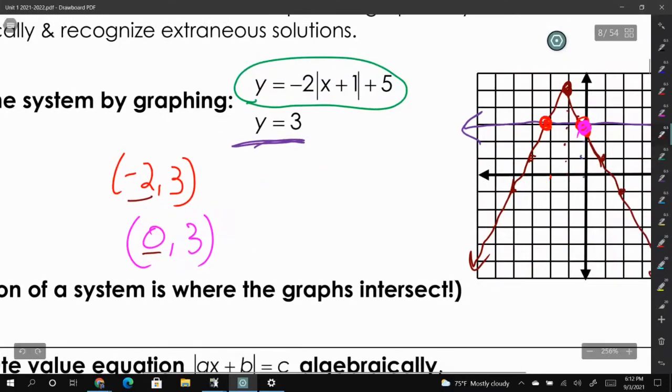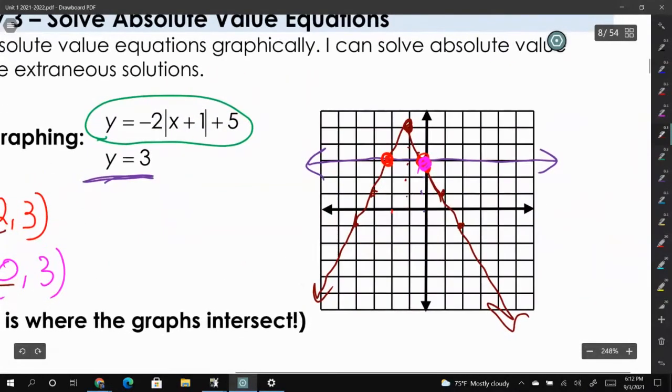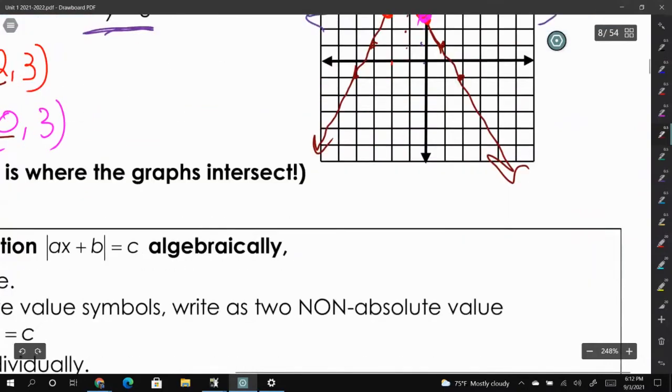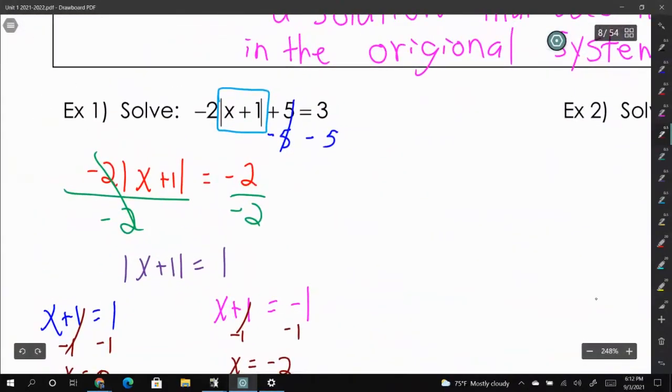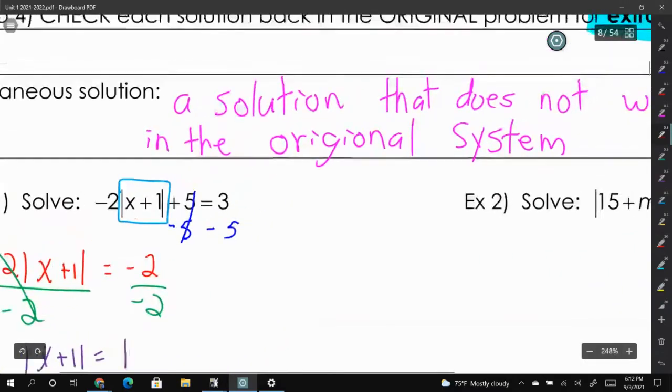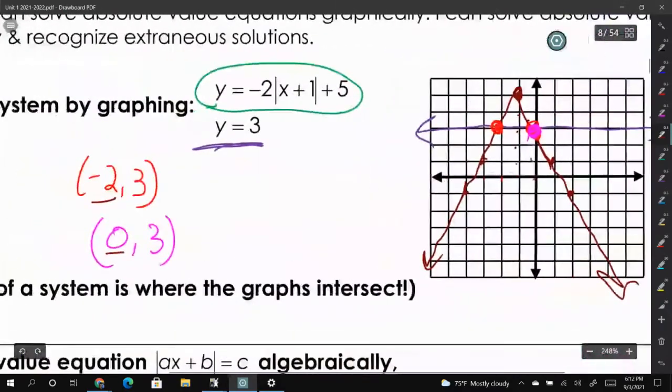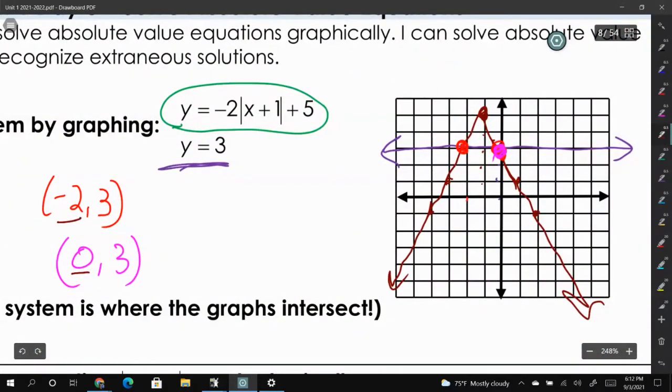So what we could have done is down here graphed the left side and the right side separately and looked to see where the intersection points were. Using that knowledge, we could say that an absolute value equation could have two solutions like we have here.